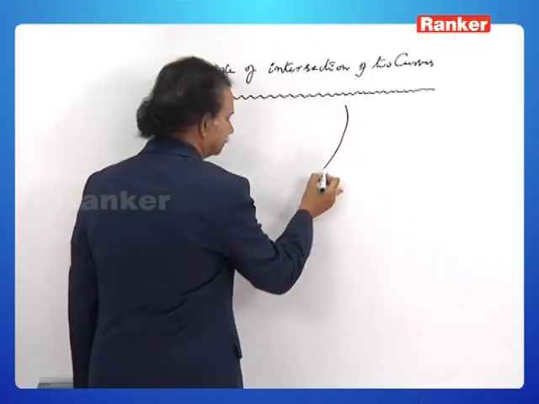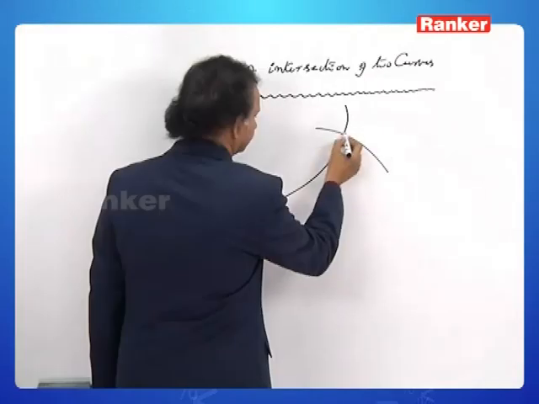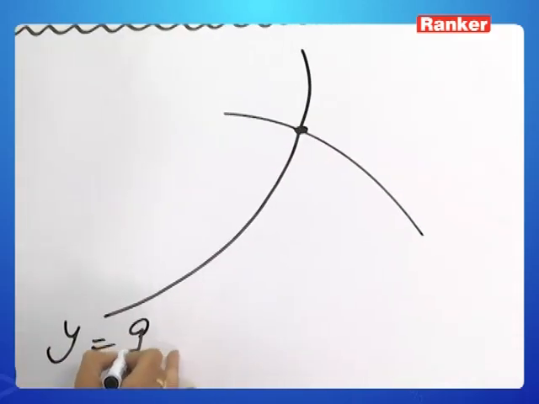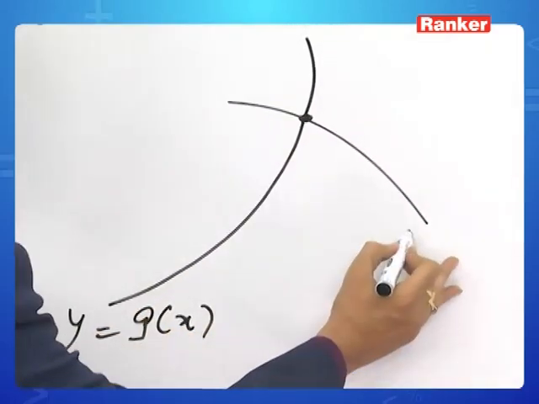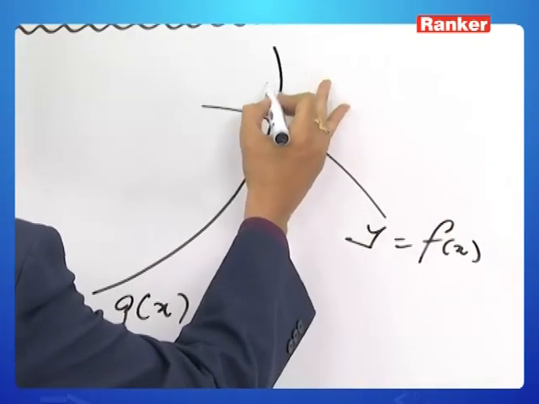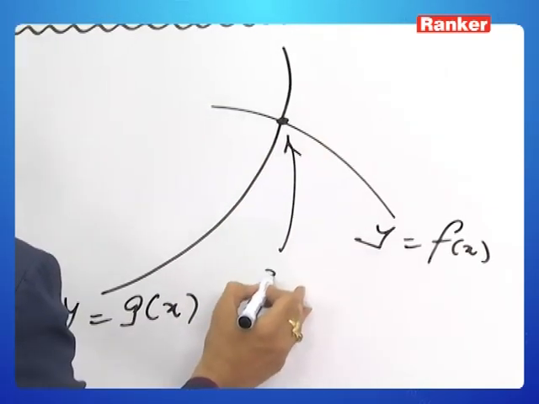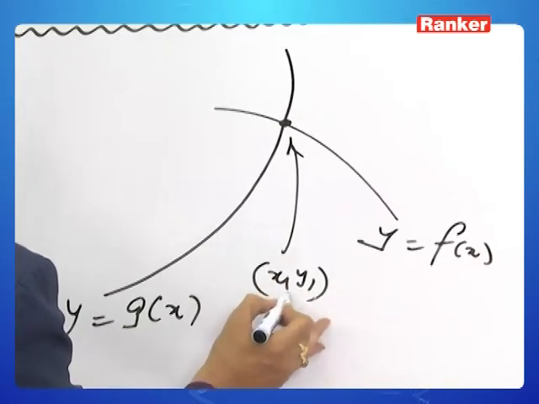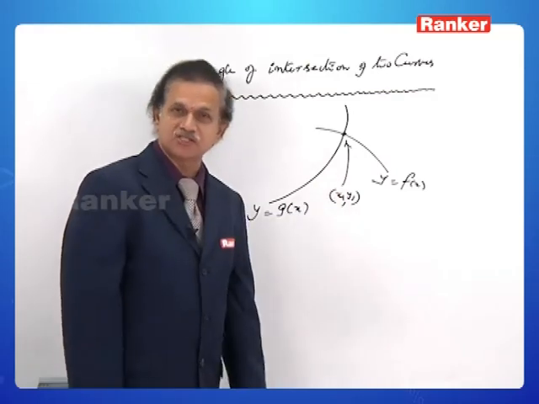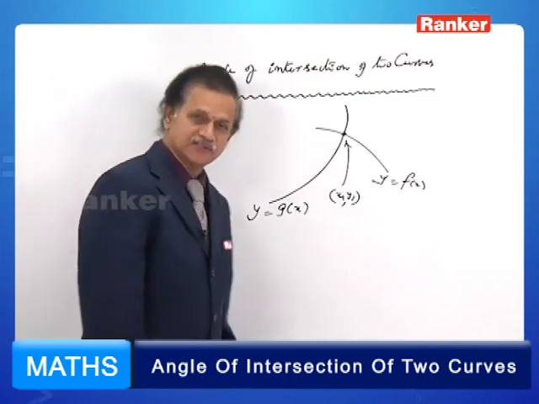Suppose, observe the diagram. There have been given 2 curves: y is equal to f of x and y is equal to g of x.